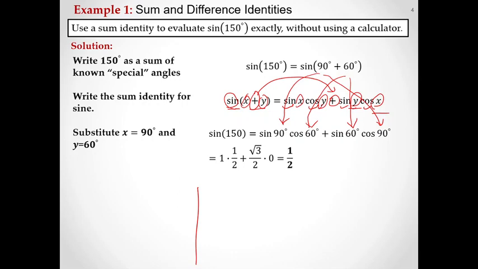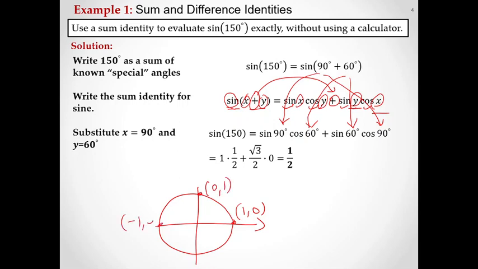What is sine 90? If you want to get sine 90, I'm using the unit circle. As you know, this is 1, 0, this is 0, 1, this is minus 1, 0, and this is 0, minus 1. Now it's 90 degrees, so our theta is 90 degrees. It's equal to cosine 90 degrees, sine 90 degrees, and the first one here is 0.